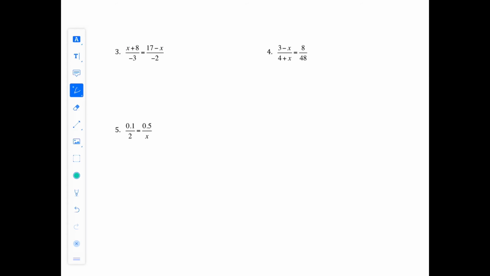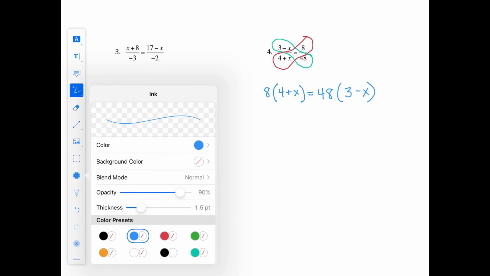So if I'm to solve and I've got a proportion, I'm going to take the cross product of that, which leaves us with 8 times the quantity of 4 plus x, and I can set that equal to 48 times the quantity of 3 minus x.